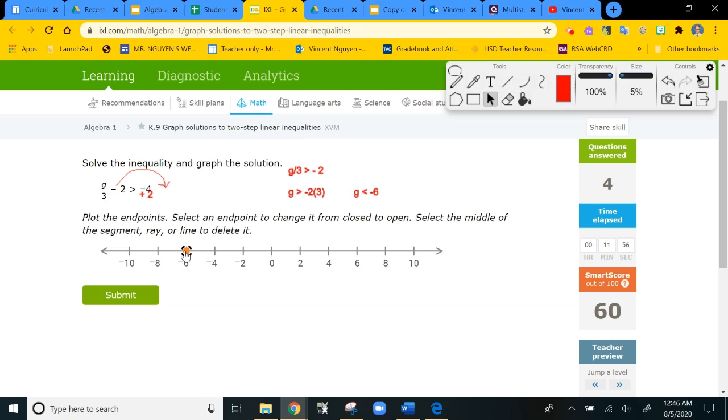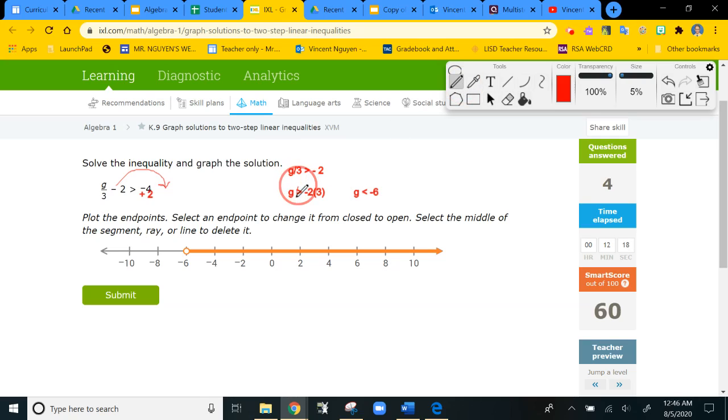I have to click it twice because there's no equal sign, and it says less than. Oh, I made a mistake. It's actually greater than. Oops. So I'm going to go this way. I changed the symbol for some reason. Okay. So this is where I make the mistake right here, guys.